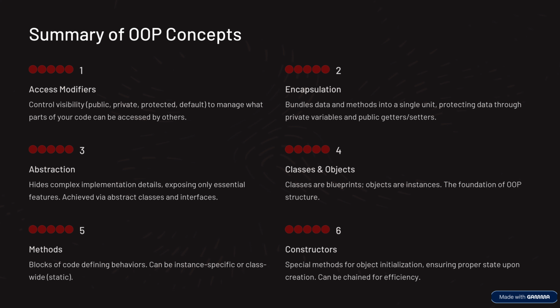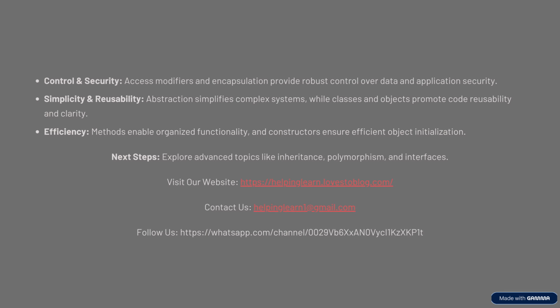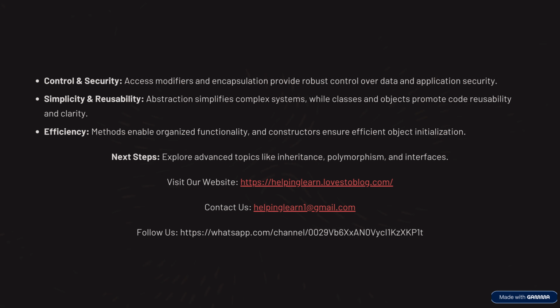Achieved via abstract classes and interfaces. 4. Classes and objects: classes are blueprints, objects are instances. The foundation of OOP structure. 5. Methods: blocks of code defining behaviors. Can be instance-specific or class-wide, static. 6. Constructors: special methods for object initialization, ensuring proper state upon creation. Can be chained for efficiency.